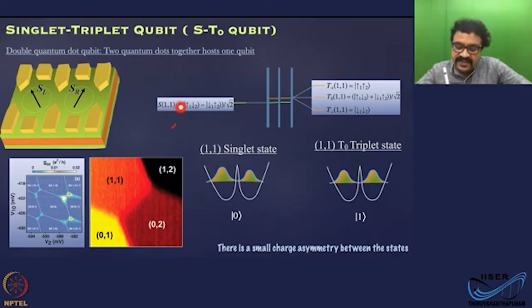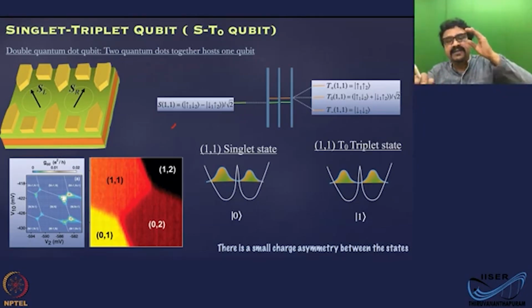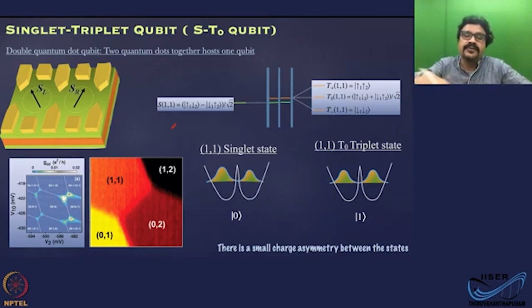So the singlet is given by this, one electron here, that is one singlet state. There is also the 0-2 singlet, that is a singlet state of the single dot. That is not what we are looking at here, but that state is also involved in the whole manipulation.